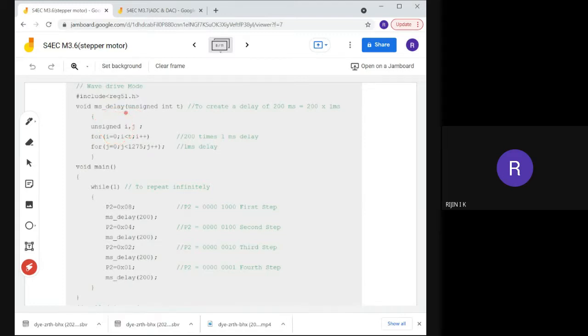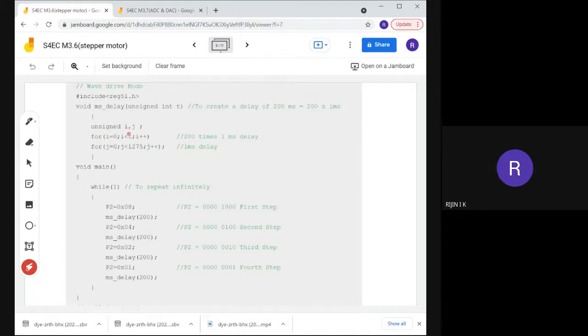Then the second one is a function, which is used to generate the time delay. We already discussed how to generate time delay. To generate a 1 millisecond delay we need to set a counter of 1275 in a for loop. Then if you want to generate a t millisecond delay, you can use a nested for loop.